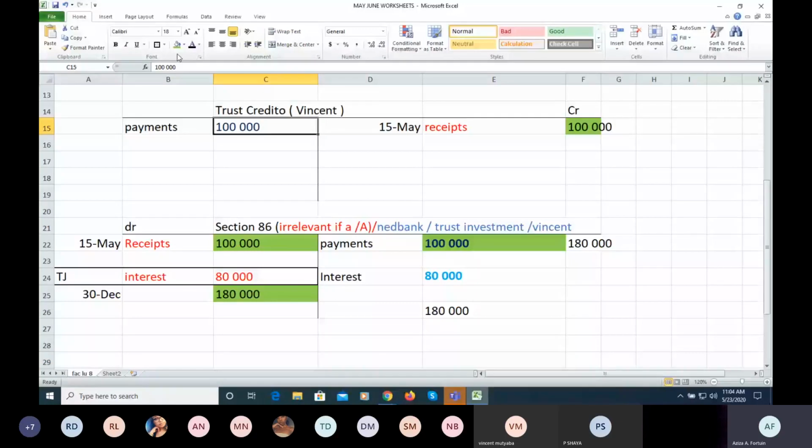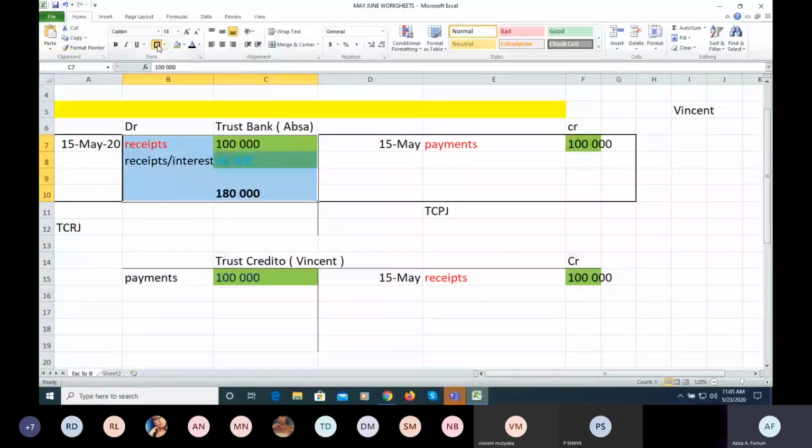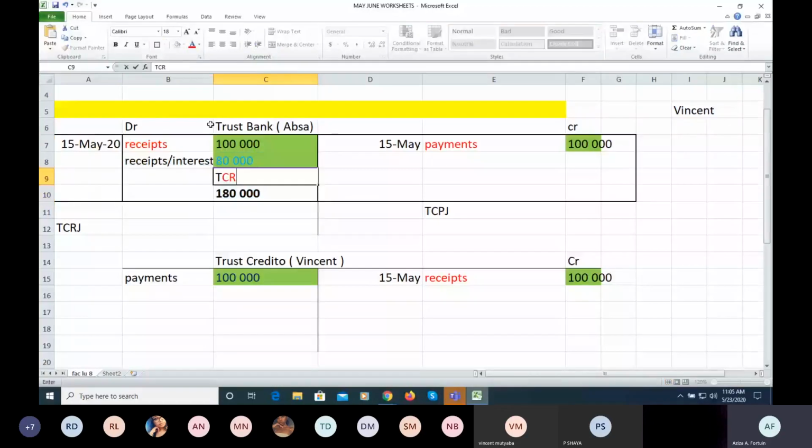So in effect, this becomes my trust cash receipt journal, and this side becomes my trust cash payments journal.